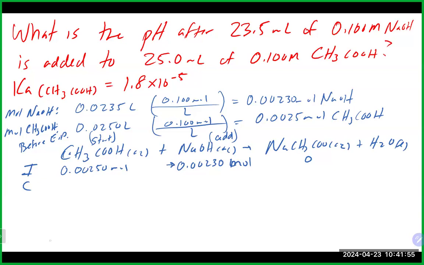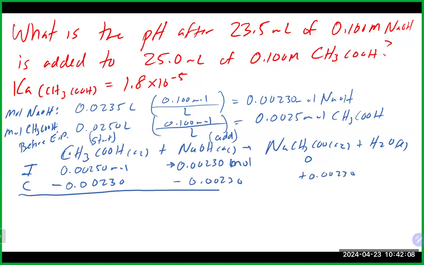So because we have less of this guy, minus 0.0023, minus 0.0023 and plus 0.0023. That's going to give us at equilibrium 0.0002 moles, 0 of this guy, and 0.0023 moles of this guy. Questions on the ICE table here?